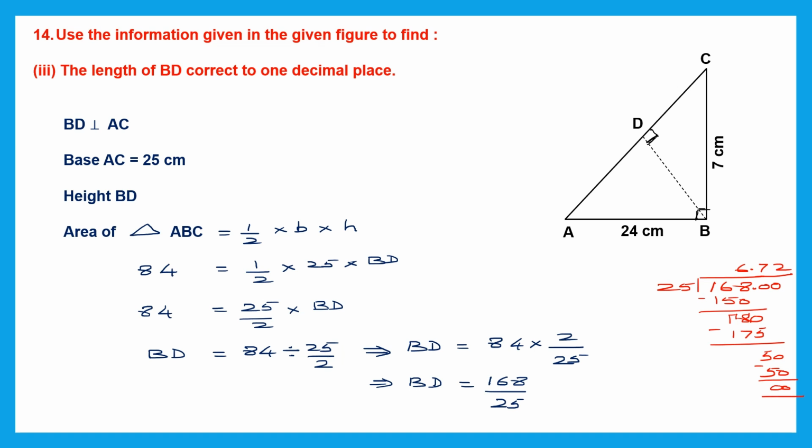So now what do we have? We have 6.72. We are asked to round it off to one decimal place. That means we have to stop at 7, but we need to look at the number to the right of it. It is less than 5, so this remains as 6.7. So that means BD is equal to 6.7 to one decimal place.